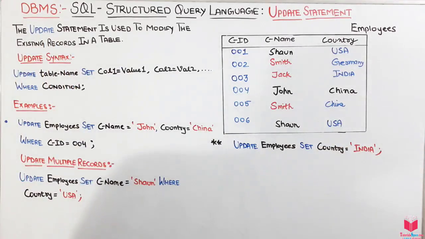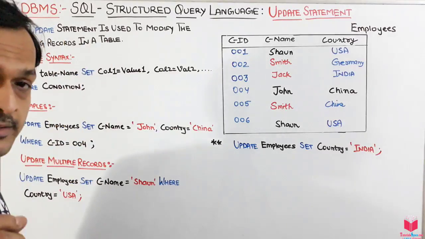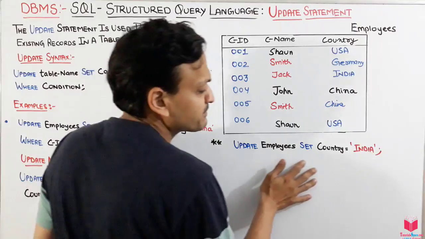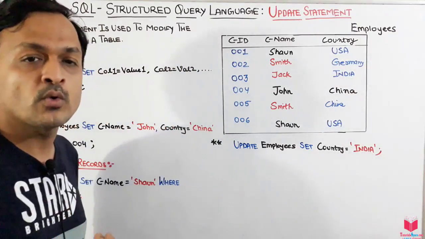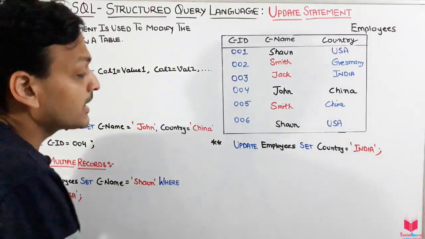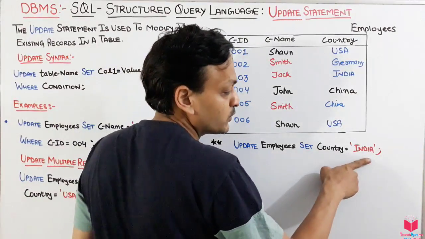Okay, let's move to a very important query based on update. Remember, sometimes in questions it comes this way, and students think it is a wrong query, but I will tell you how it is a correct query. See: UPDATE employees SET country equal to India.